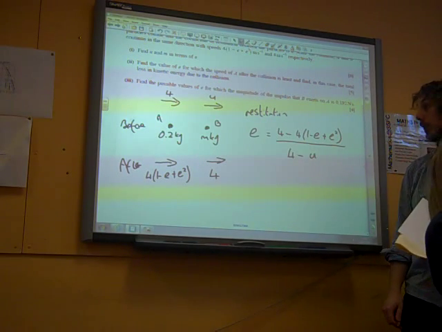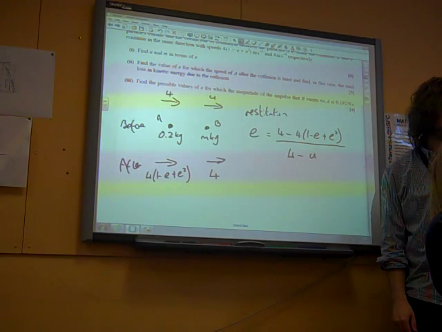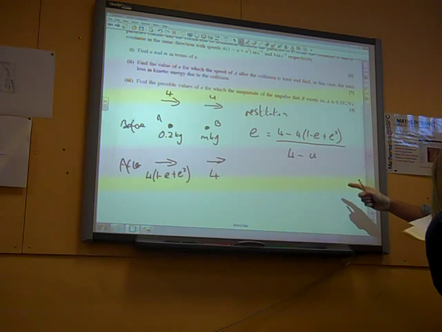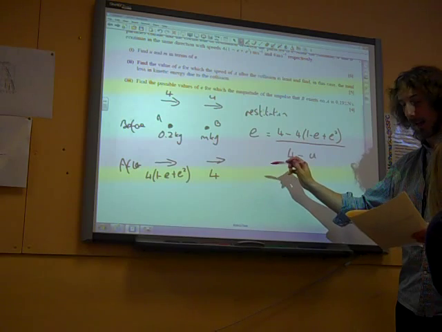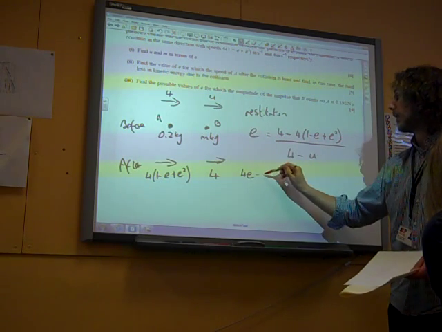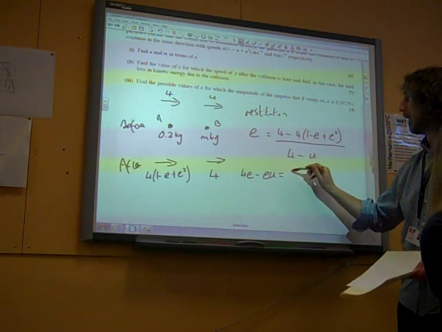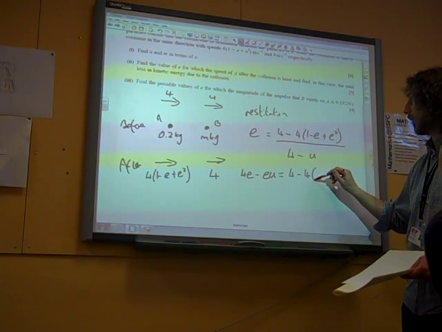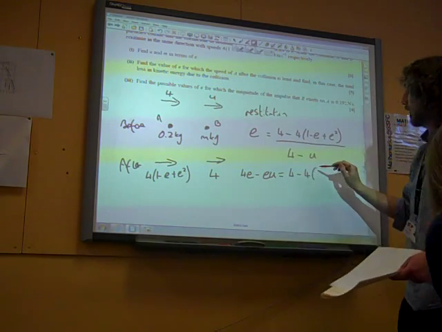So I'm going to start with that equation, see what I can do with that. Actually, from there, if I multiply both sides by 4 minus u, I get 4e minus eu equals 4 minus 4(1 - e + e²). Oh, let's multiply out the bracket, shall we?